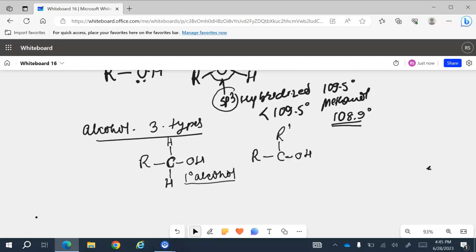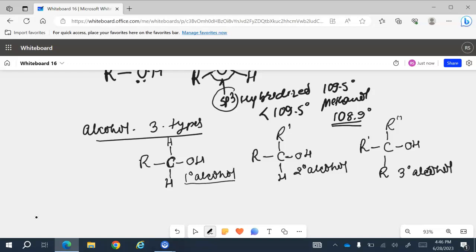which can be the same or different, and only one hydrogen, then we call that a 2nd-degree alcohol. And if the carbon that possesses the OH group is connected with no hydrogen, all three being carbon-containing groups, R or R prime, then we call this a 3-degree or tertiary alcohol.